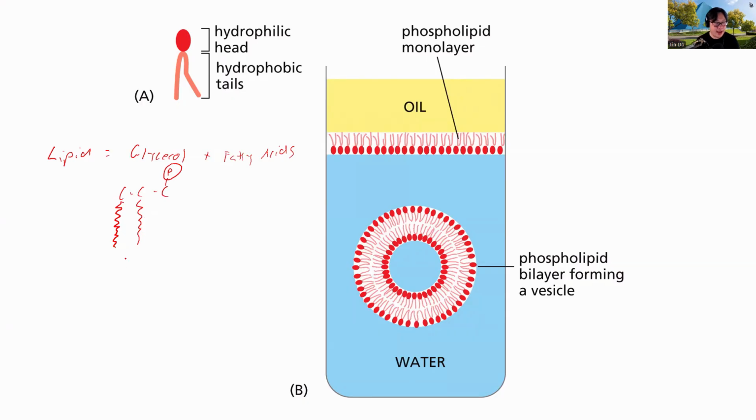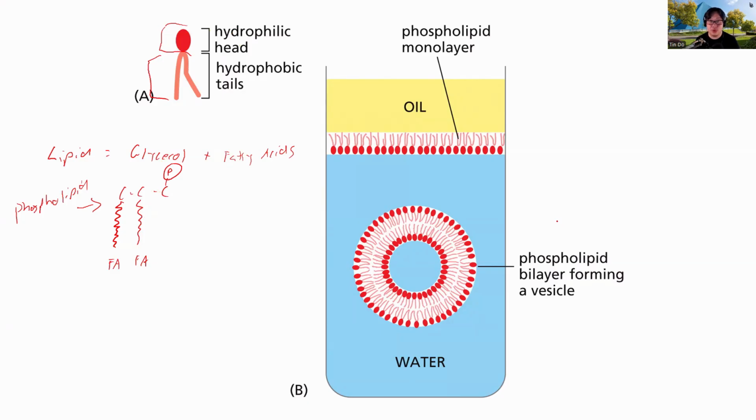And depending on what you have, for this case, this right here is 2 fatty acid tails. So this is a fatty acid tail 1, fatty acid tail 2 with a phosphate group. This is what we call a phospholipid, which has a hydrophilic portion and a hydrophobic portion.